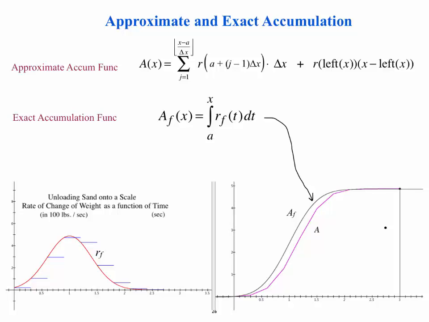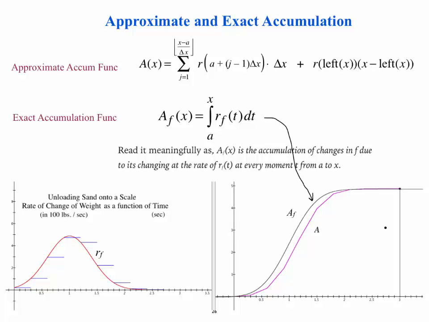Okay? So this black curve then is what we call A sub f of x, and the meaning of this is the accumulation of changes in f due to its changing rate of r sub f of t at every moment t from a to x.